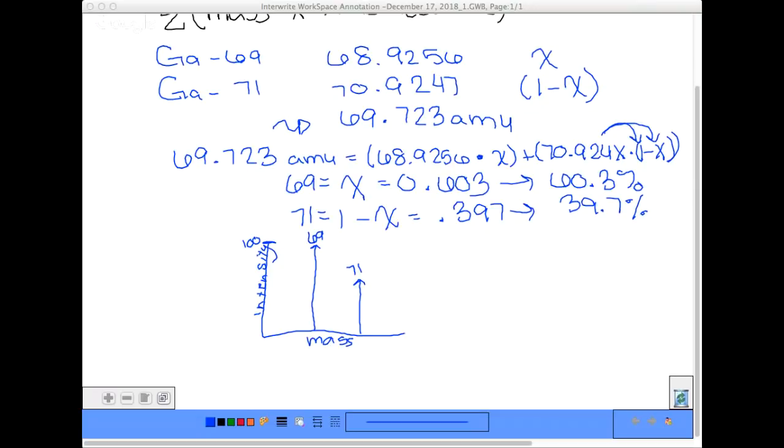Specific heats conceptually. When we talk about specific heats, I'm going to look at a couple different problems. Let me find them. Give me 1 minute.